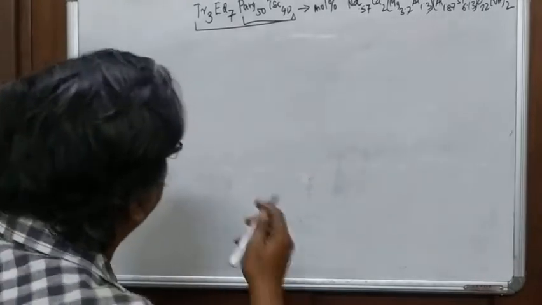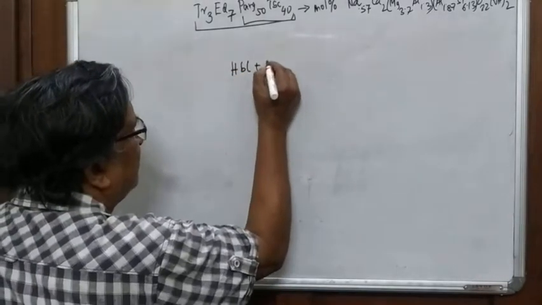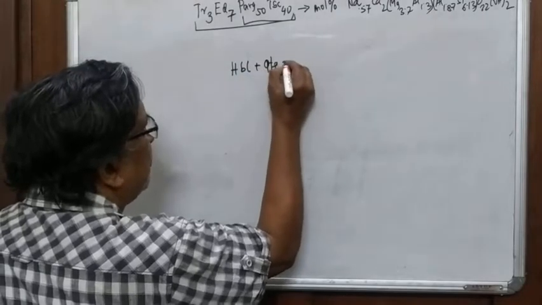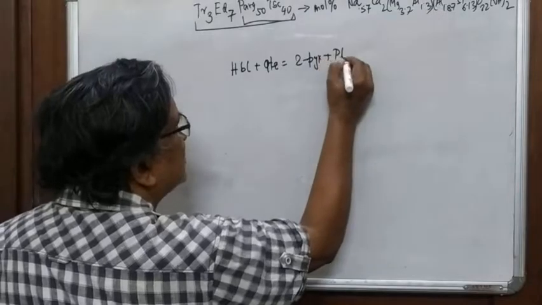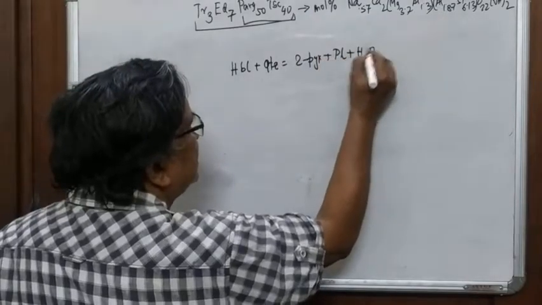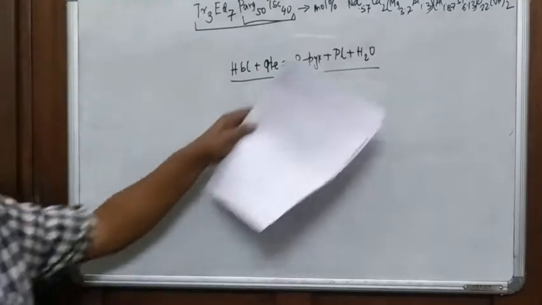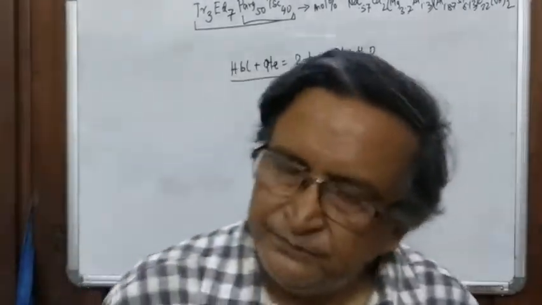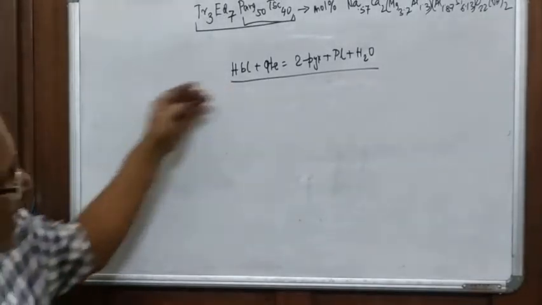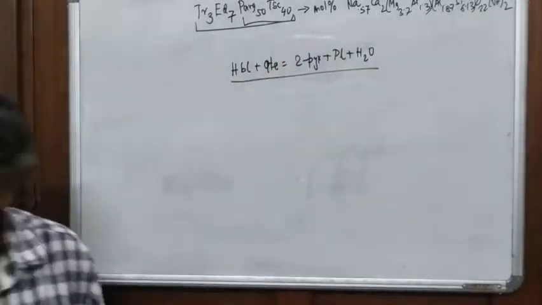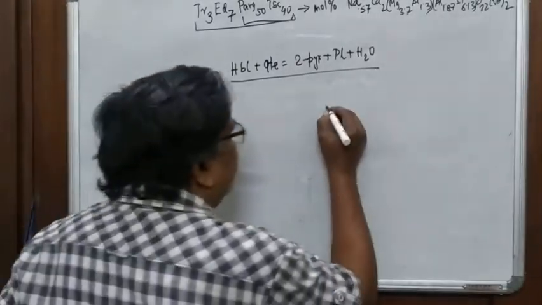So the reaction here is, leaving aside the problems, hornblende plus quartz equals 2-pyroxene plus plagioclase plus H2O. This is the reaction. And you know, hornblende can be broken up and you can do a much better characterization of the whole thing.